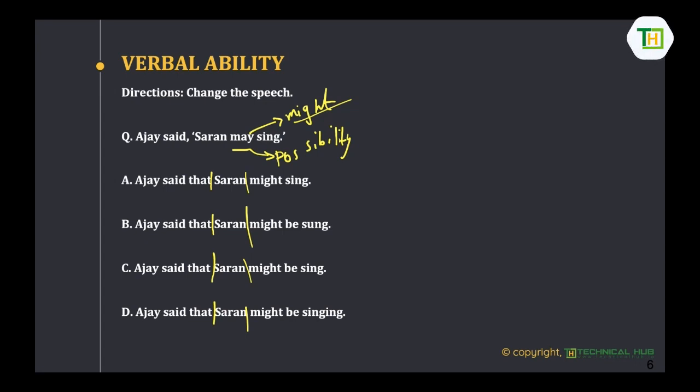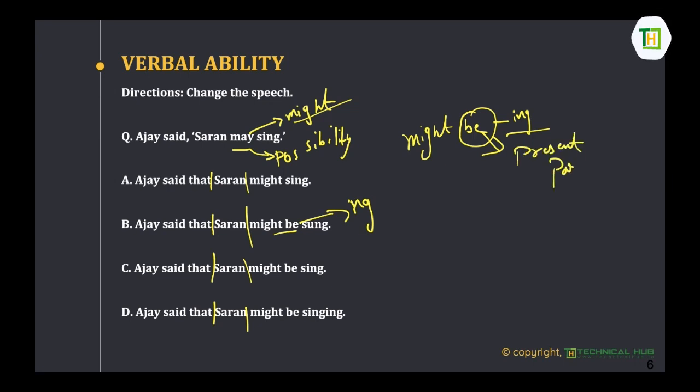Always remember, if you use might be, the verb should have the ing form. Be is a present participle form, we call it ing form.